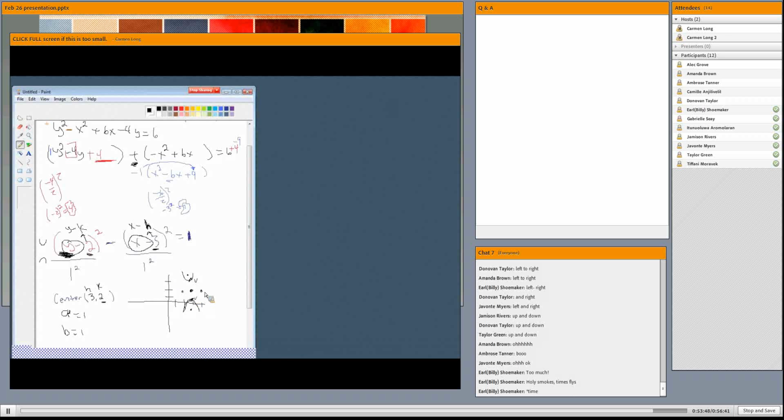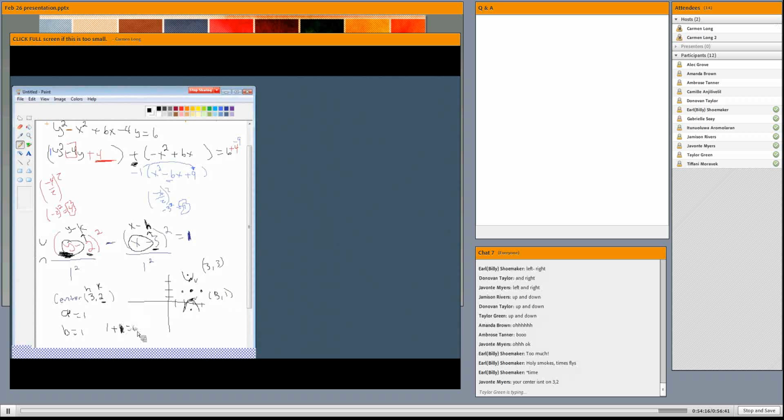It's so fast. Okay, so our vertices here are (3, 3) and (3, 1). That's why graph paper is nice, because you can see exactly where it's supposed to be. To find the focus points, you do a squared plus b squared equals c squared.